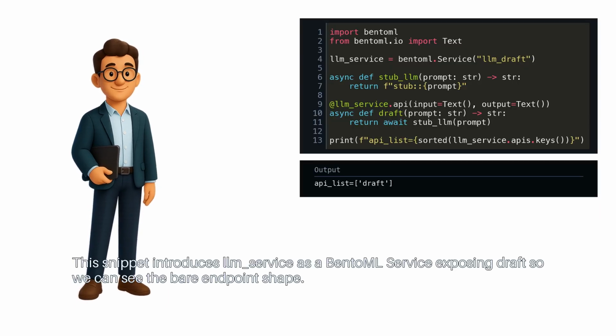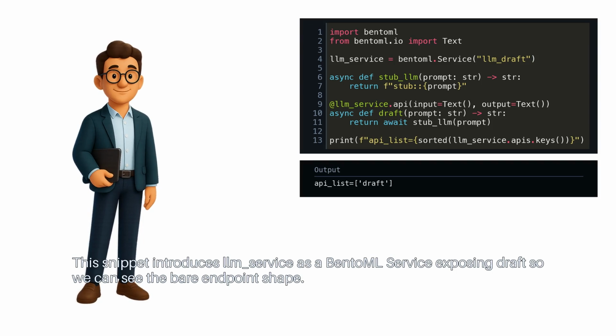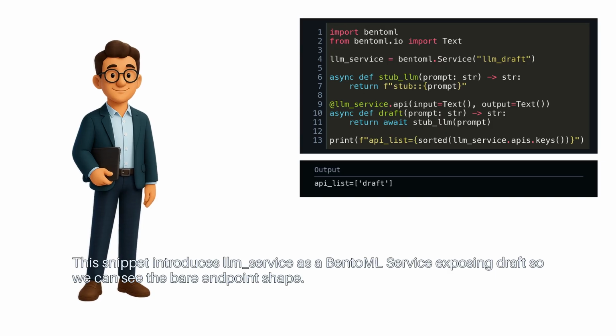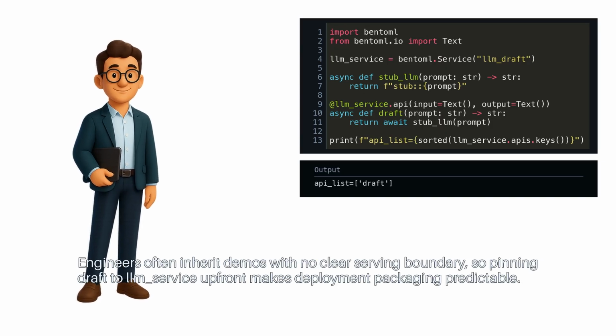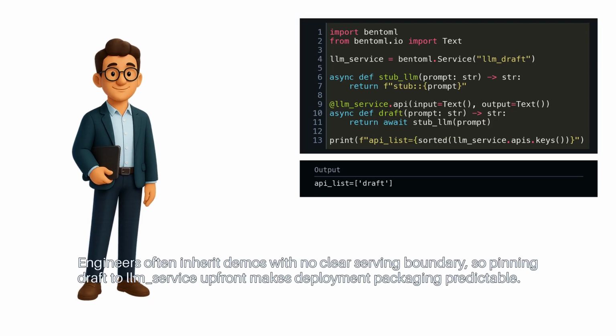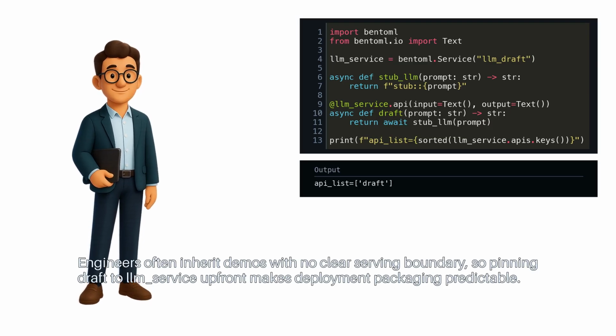This snippet introduces LLMService as a BentoML service exposing draft so we can see the bare endpoint shape. Engineers often inherit demos with no clear serving boundary, so pinning draft to LLMService up front makes deployment packaging predictable.